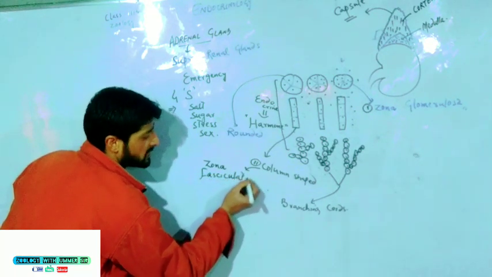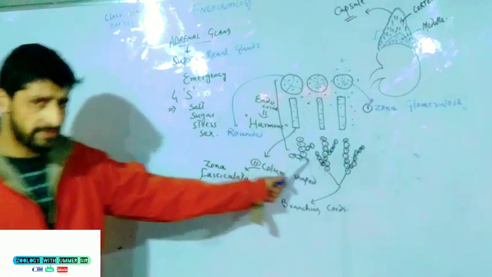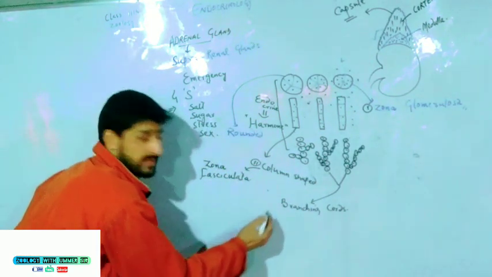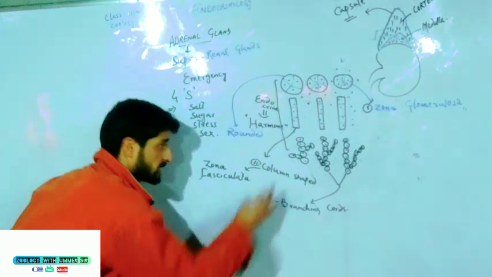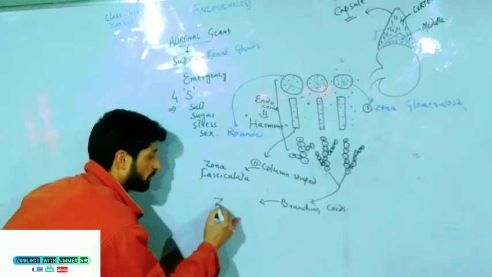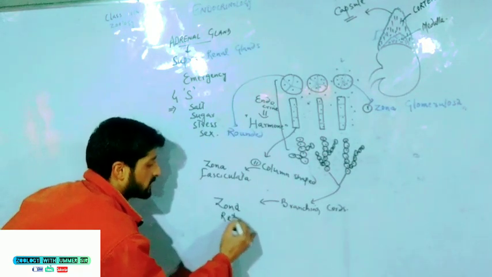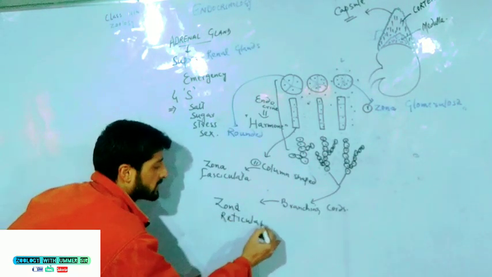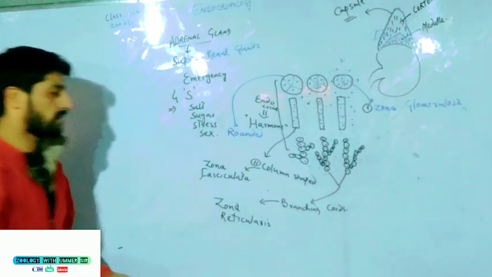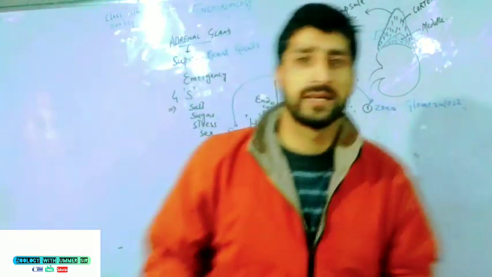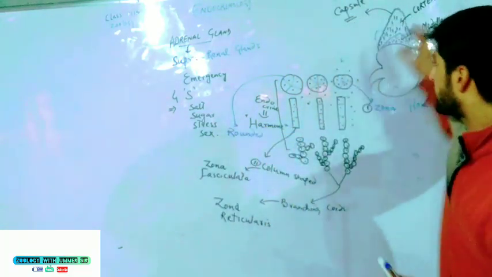And the third type of cells, the branching cord pattern cells, is known as zona reticularis. These are the three different groups of endocrine cells present in your adrenal gland.